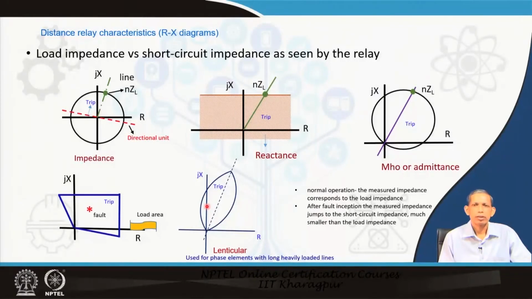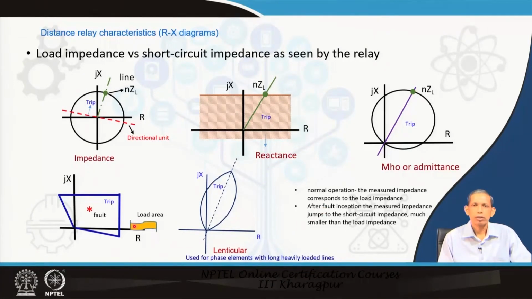If the apparent impedance calculated by the relay falls within the characteristics, the relay takes a trip decision, otherwise it remains silent. Now, consider the load impedance versus the short circuit or fault impedance. In normal operation the relay sees the impedance of the load, the impedance of the line in front of it, and that is much higher.